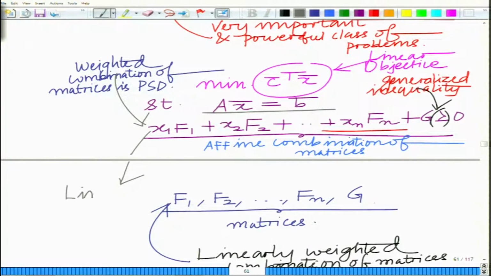So SDP is interesting in the sense that it employs a matrix inequality. As SDP enforces a linear matrix inequality, that is what is novel about SDP.